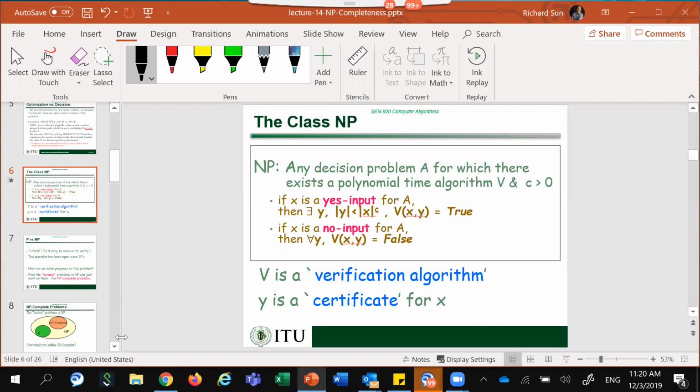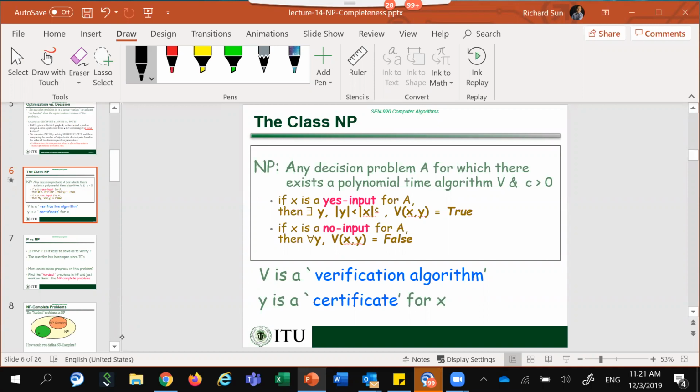So that's P. Now, when we say non-deterministic polynomial, that means you are not actually going to solve the problem in polynomial time. Instead, any problem in NP is a problem that can be verified, if a given solution is a solution, in polynomial time.